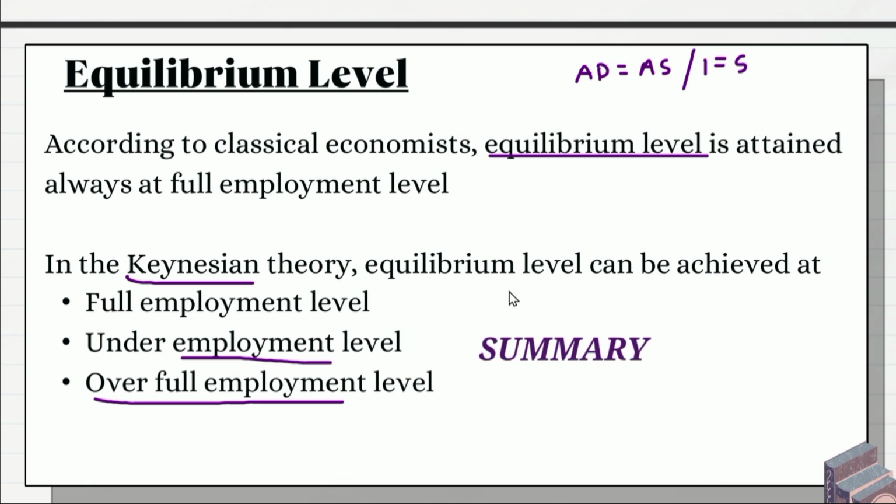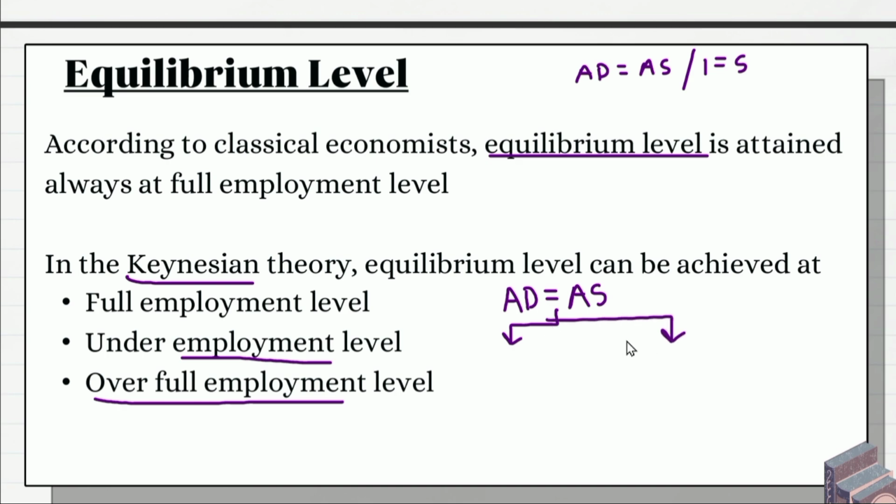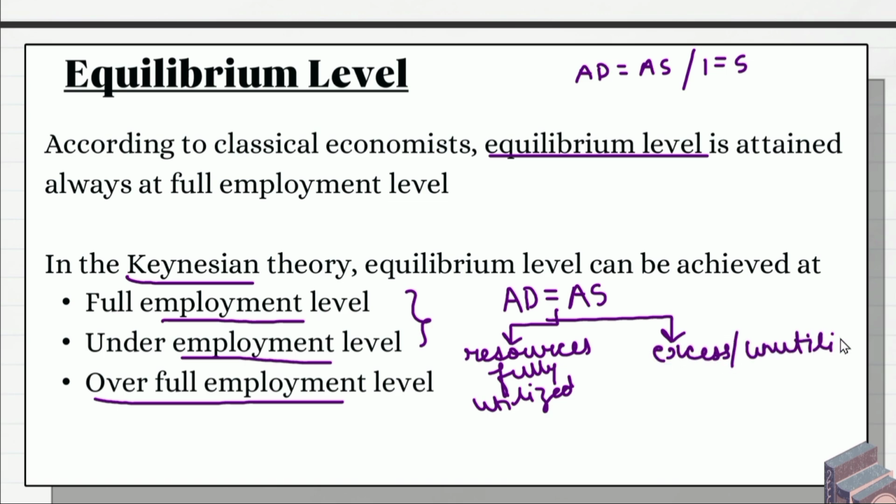Equilibrium will be established when AD is equal to AS, right? And AD can be equal to AS in three situations, but primarily we are talking about these two. So when resources are fully utilized, there will be full employment equilibrium, and when resources are not fully utilized, there is excess, or you can say unutilized capacity, so it would be underemployment equilibrium.